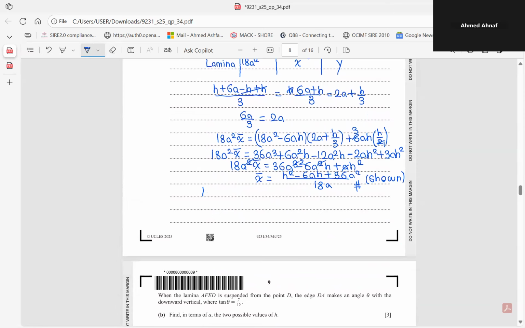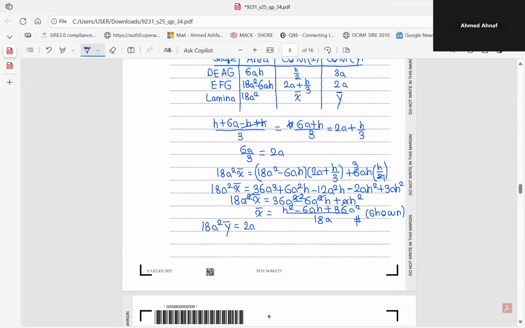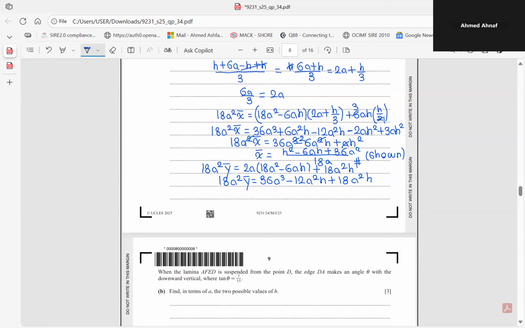So that is 18a squared y bar equals 2a times 18a squared minus 6ah plus 3a times 6ah, that is 18a squared h. So you get 18a squared y bar is 36a cubed minus 12a squared h plus 18a squared h.